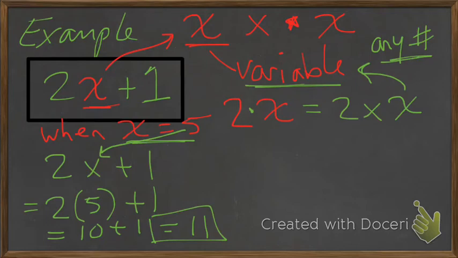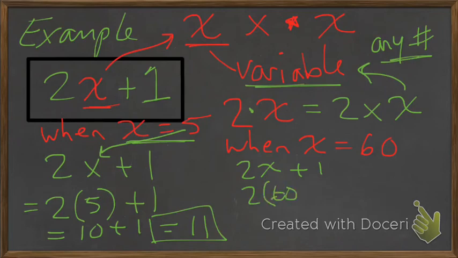If we wanted to find out what our value is when x equals 60, same idea. We're going to write out our equation again. 2x plus 1 becomes 2 times 60 plus 1.